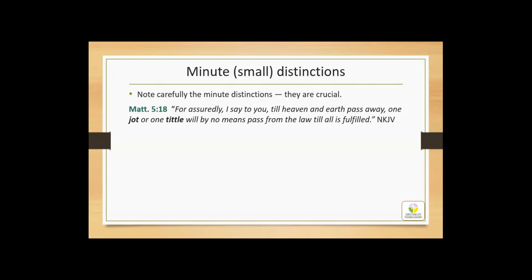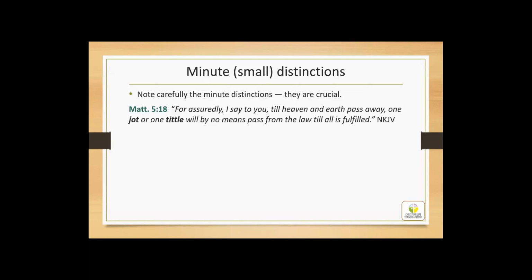It says, I assure you, until heaven and earth disappear, even the smallest detail of God's law will remain until all the law is fulfilled. Okay. So it doesn't matter which of the translations we read, it means the same thing.